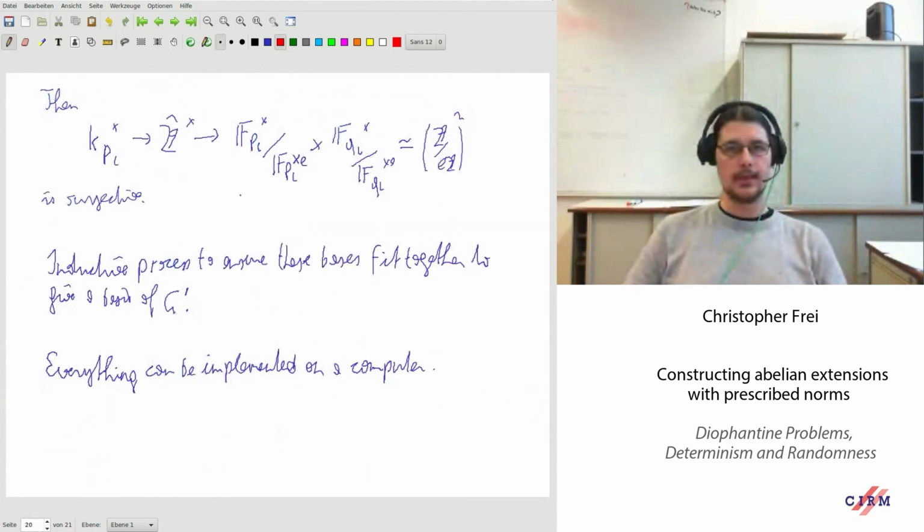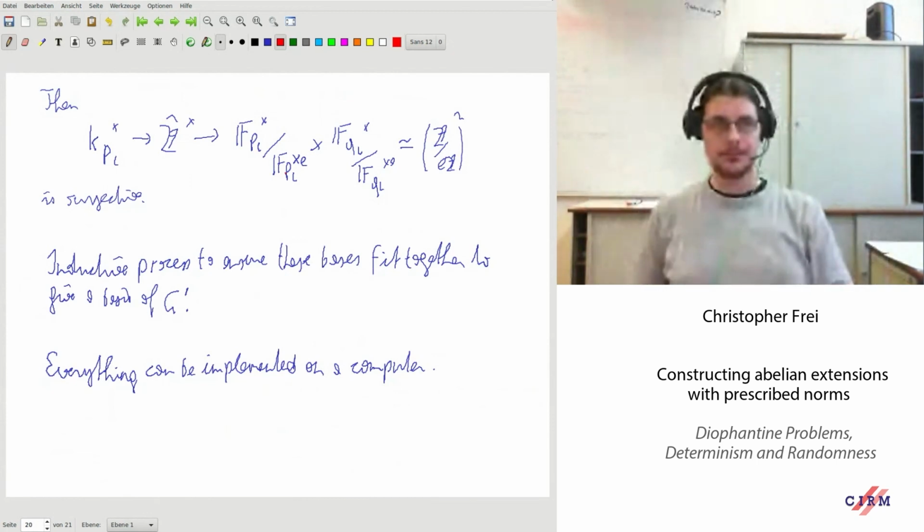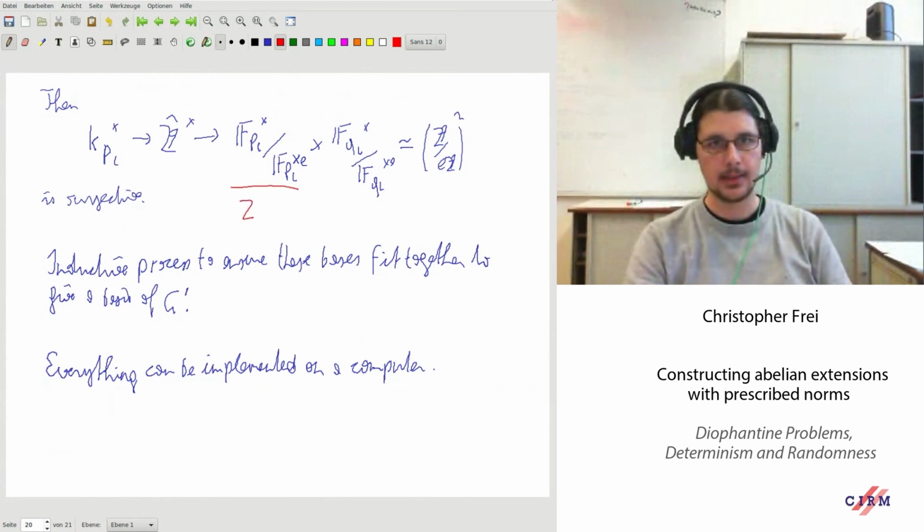And then I just go directly to the factors at P and Q, to the local fields, and to the local fields modulo powers. So now this here is hit by this ZPL star factor.